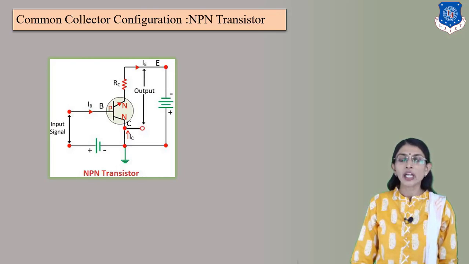From the circuit diagram, all of you can easily understand that the collector is grounded. That means the collector is common, so that the base terminal is input and emitter terminal is output terminal. So the input voltage is known as VBC and output voltage is known as VEC.